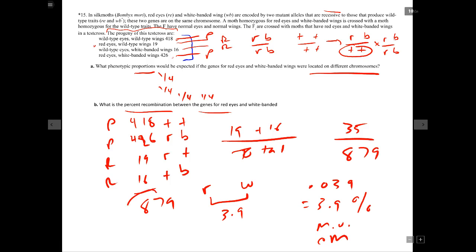If you wanted to come up with numbers, you could use this 879 times 0.25, or divided by 4, and you would get 219.75. If you did a chi-square on this and you expected 1 to 1 to 1 to 1, these would be your expected numbers. But it didn't really ask you for that.